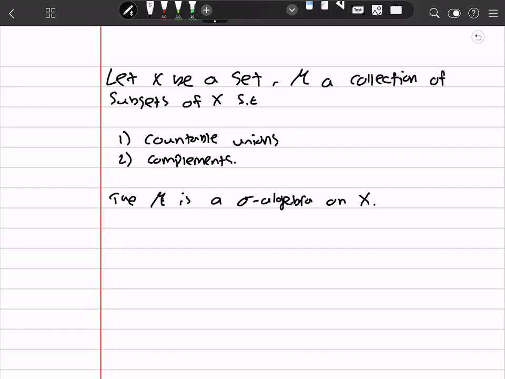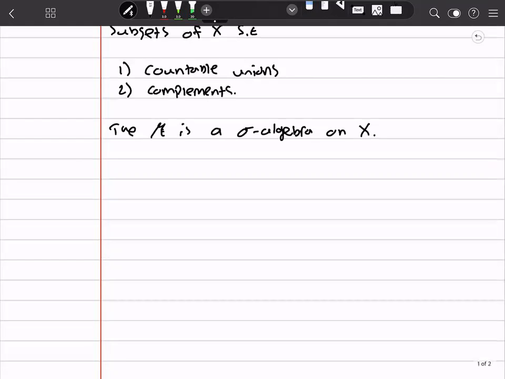So now the goal that we want is to measure, in some classical sense, the quote unquote length of a set. We want to find a way to assign numbers or values to the elements of our sigma algebra, right? So we want a function. We want something called a measure.